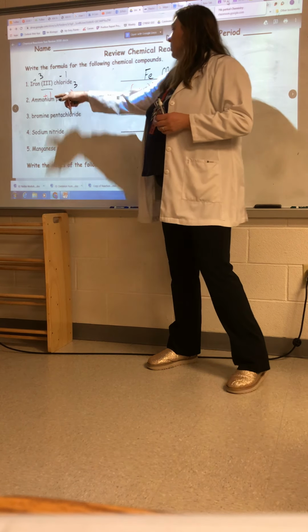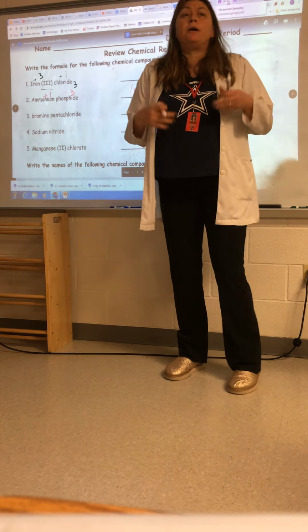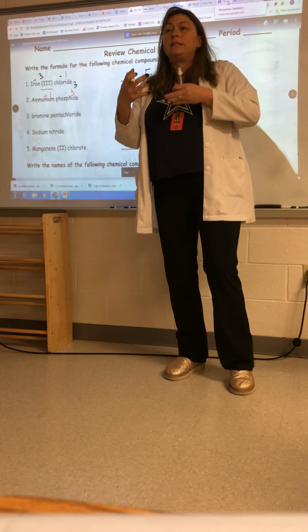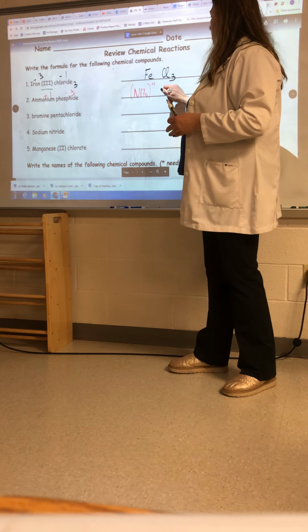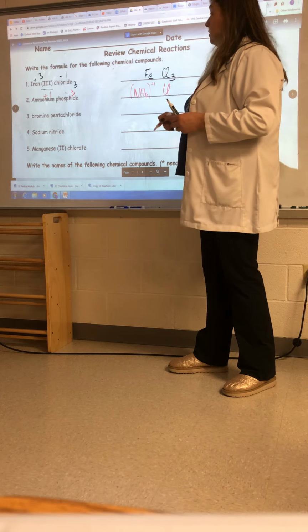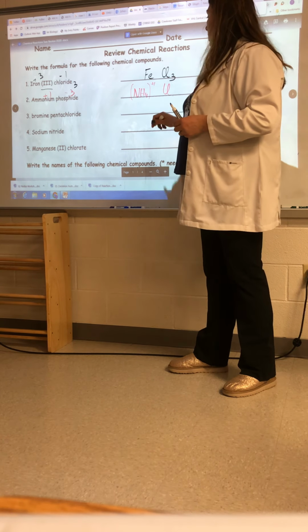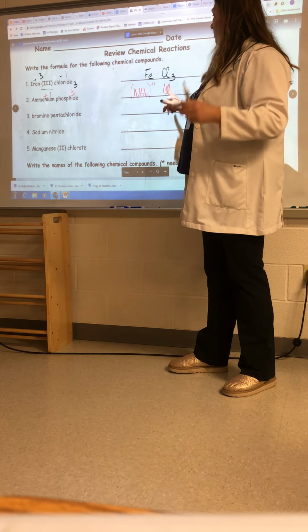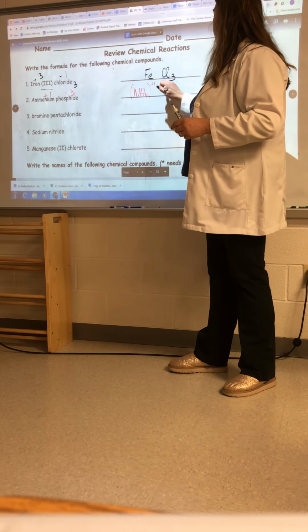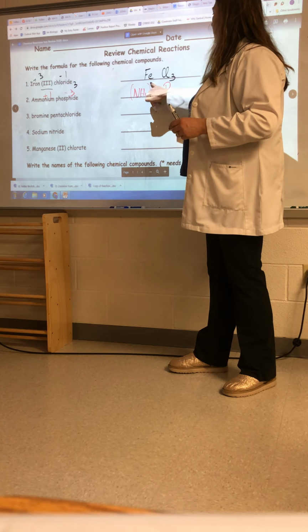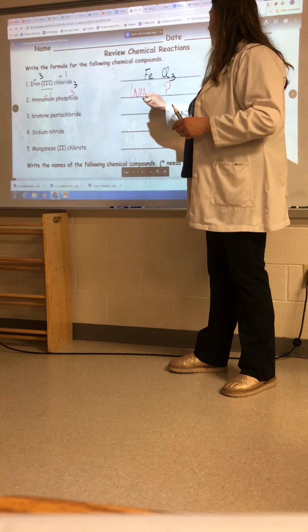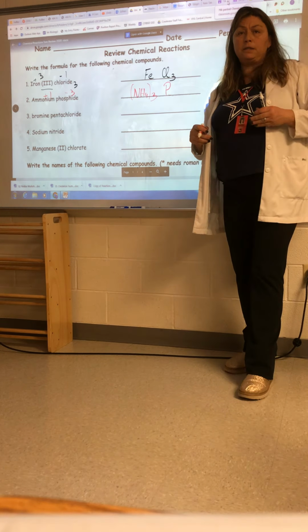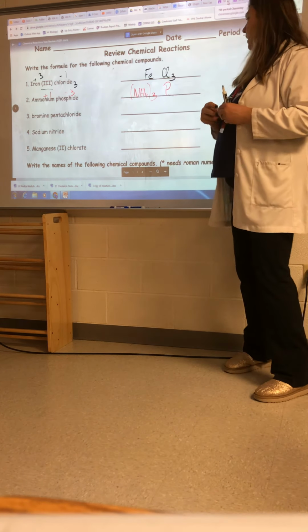So I have a +1, -3. How many positive ones do I need to have to balance out my -3? Not 2. Remember, phosphide is P, and P is -3, so I need 3 times. 3 times +1 will balance out my -3.